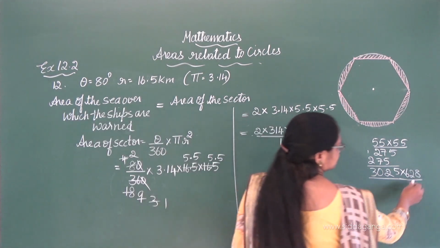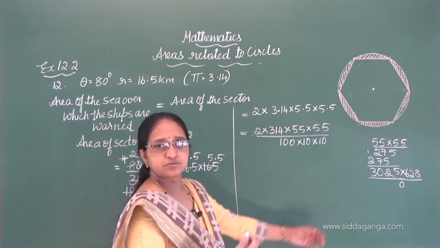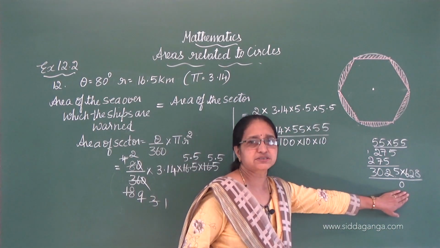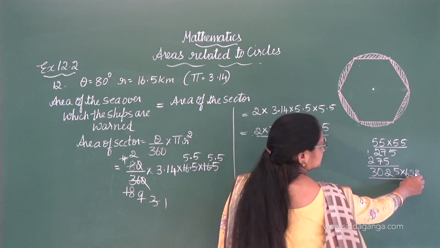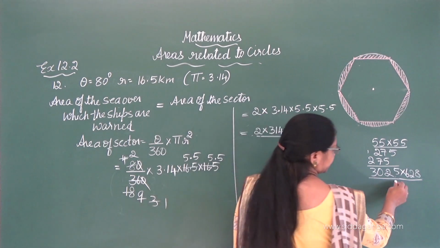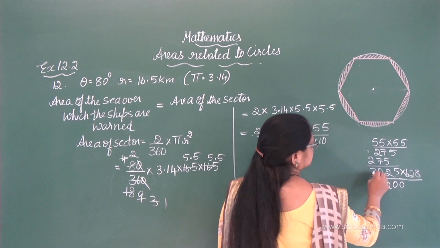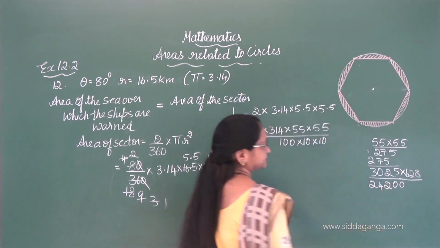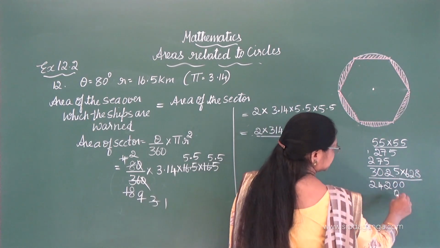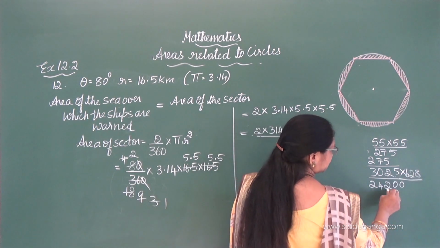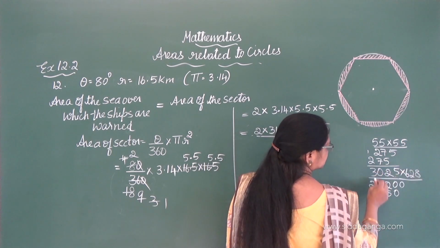Now, 4 5s are 20, 4 2s are 8, 10, 4 zeros are 0, 4 3s are 12. Next, 1 5 is 5, 1 2 is 2, 1 zero is 0, 1 3 is 3.